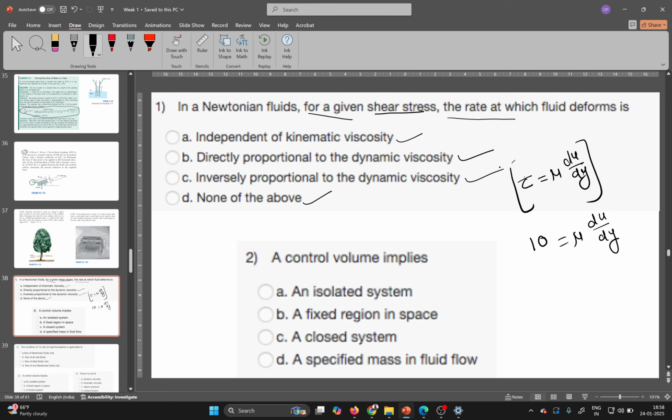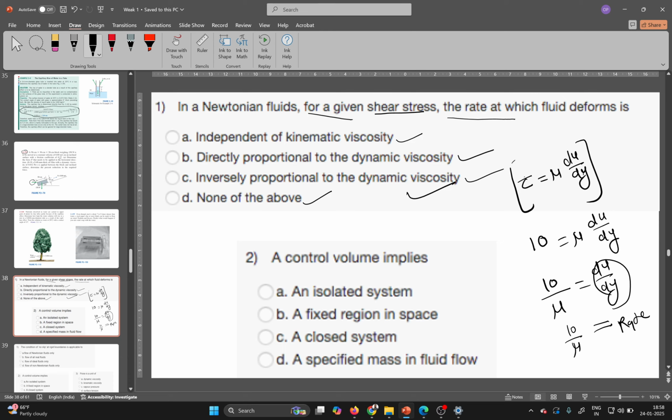The rate at which fluid deforms is du by dy, the rate of deformation, which is tau by mu. So the rate is inversely proportional, not directly proportional, to your dynamic viscosity.